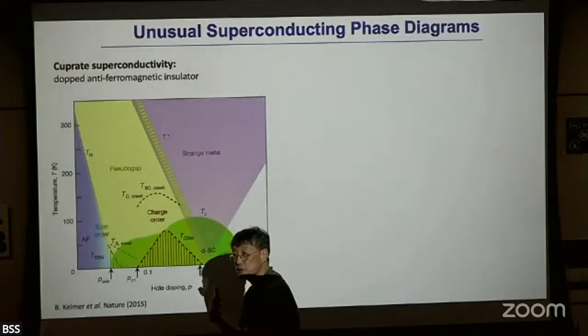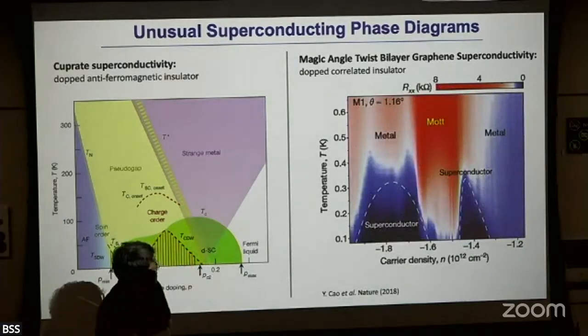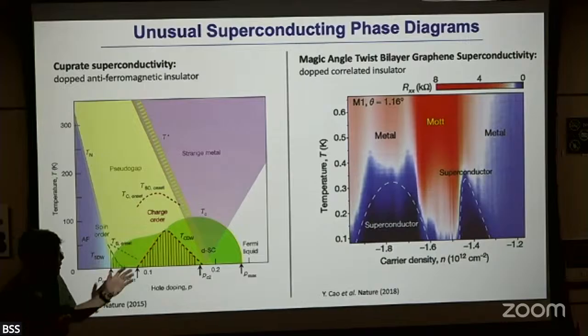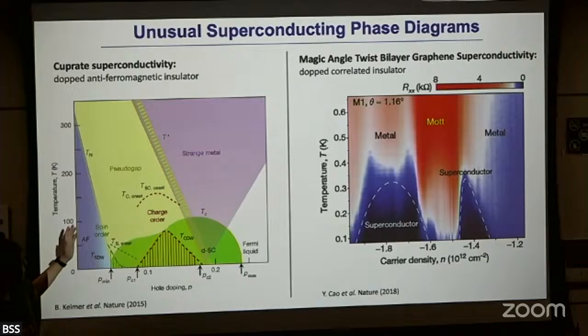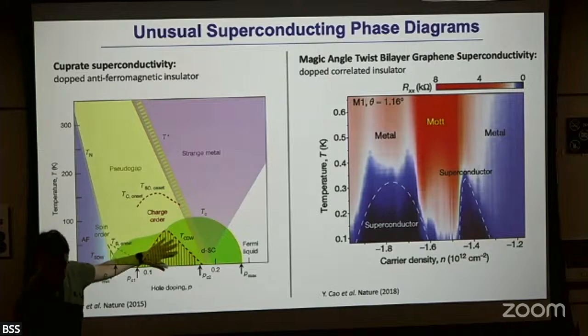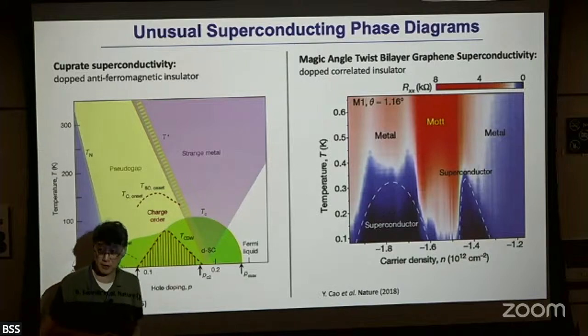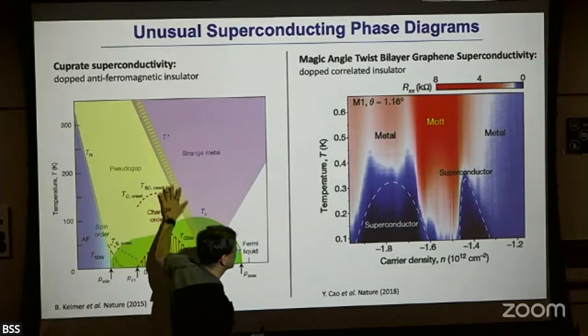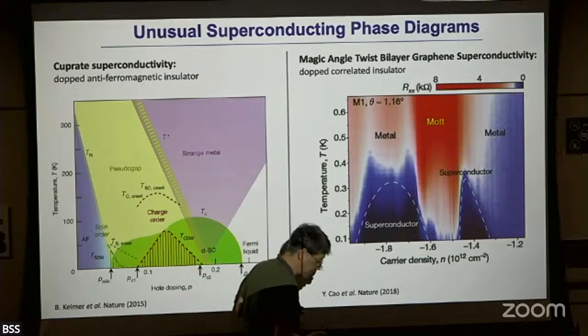Initially people saw that there is a bit of an analogy with the phase diagram of high temperature superconductors: you have the magnetic insulator, the antiferromagnetic insulator, and when you dope the antiferromagnetic insulator, you get superconductors, with a dome shape of superconductivity, and a lot of broken symmetry states competing or coexisting with the superconductivity.